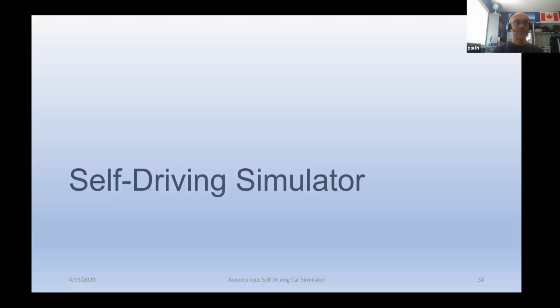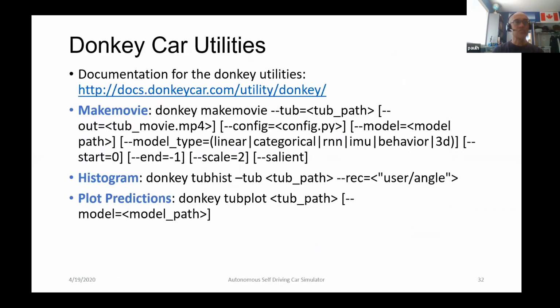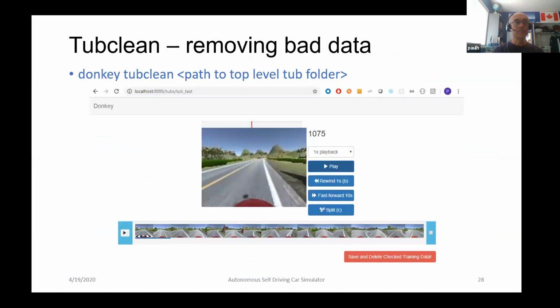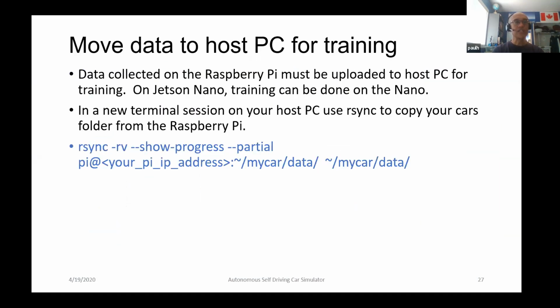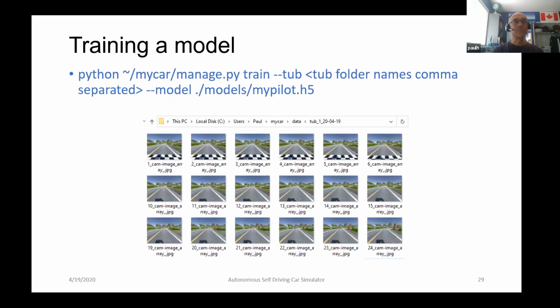Let me just, I forgot to answer a question with regards to training. When you train, it's this one here. So this is the command for training. Basically, this is how you specify a tub. There was a question about when you train, how do you give it a tub? So here's the command, python. I'm already in my car directory, so I don't have to specify that.